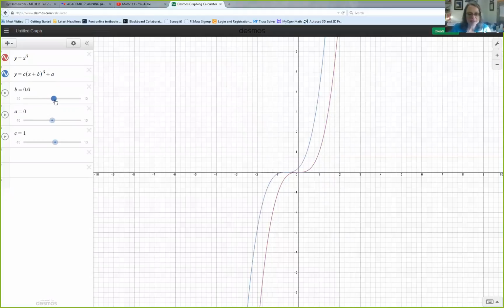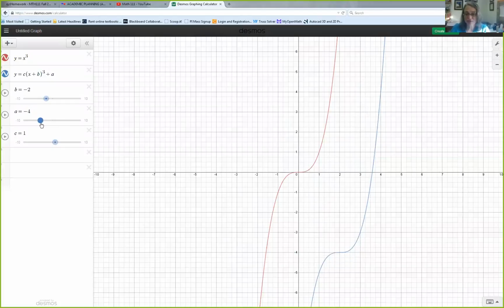Let's subtract 2 inside the parentheses, which gives me a horizontal shift to the right, because I'm subtracting. We've been going to the left before. Now let's subtract 4 outside for the same reason.